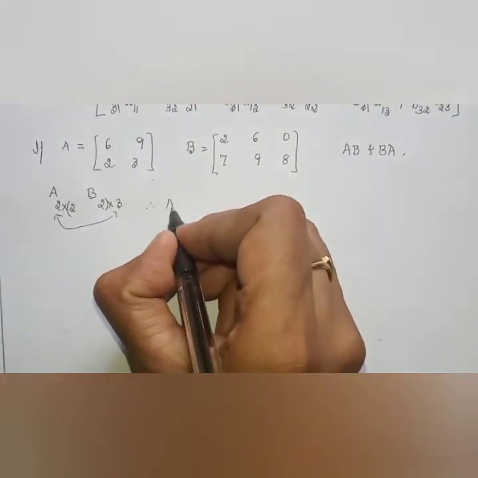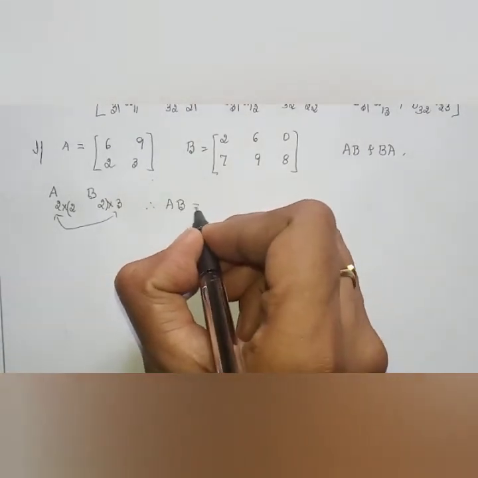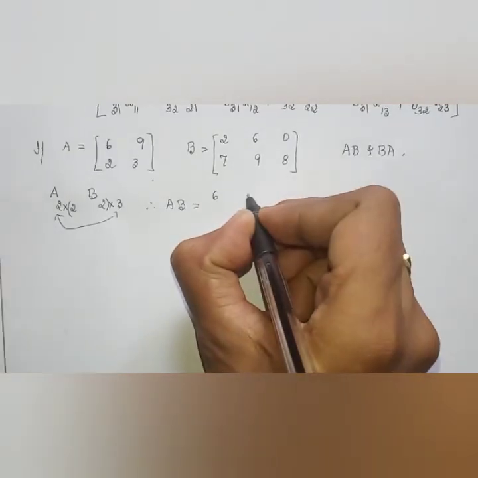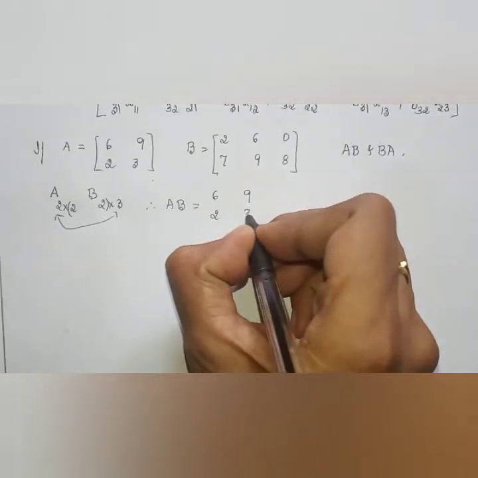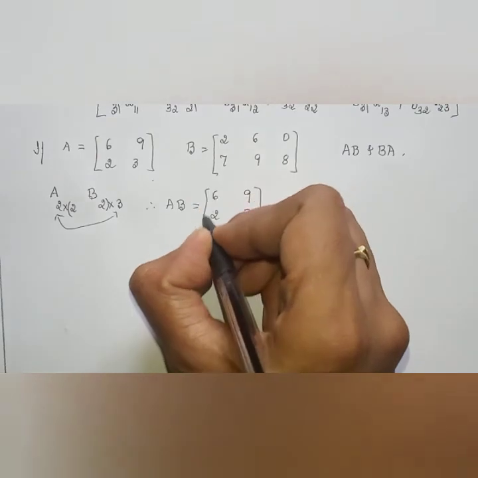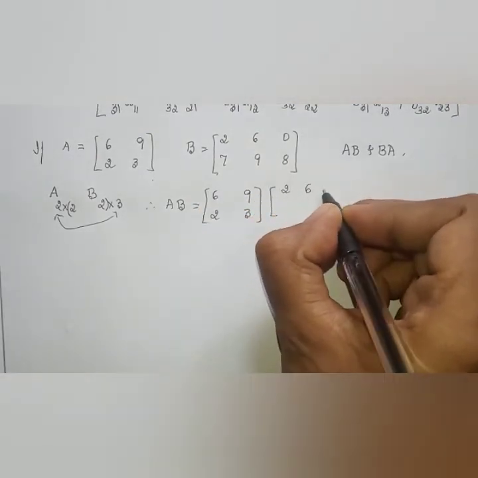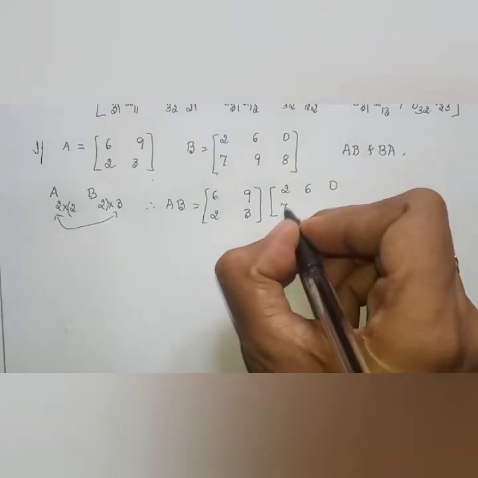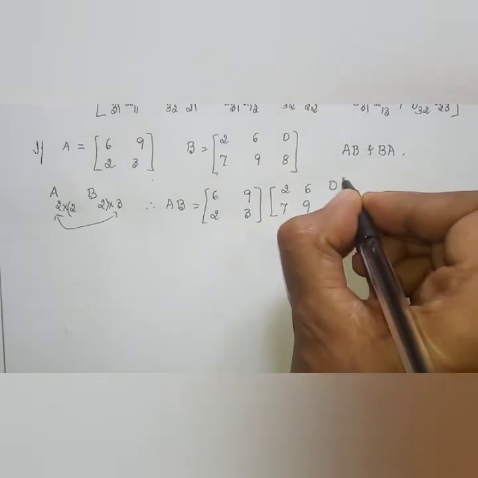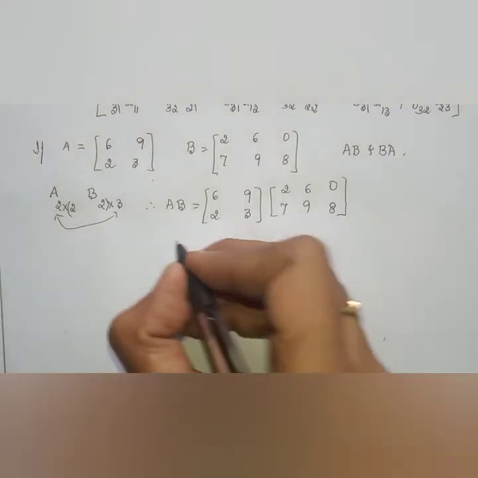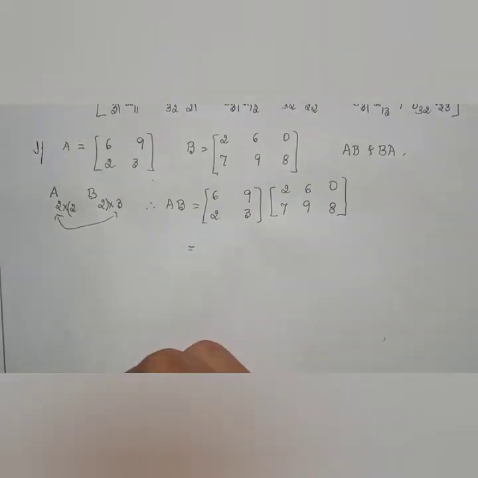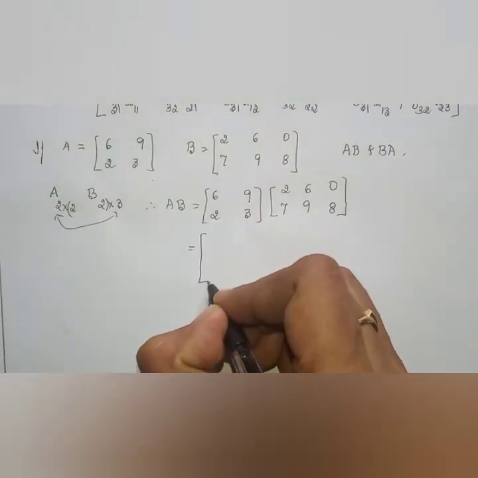Therefore, matrix AB is equal to [6, 9; 2, 3] into [2, 6, 0; 7, 9, 8]. Multiply the entries. What is the order of the resultant?